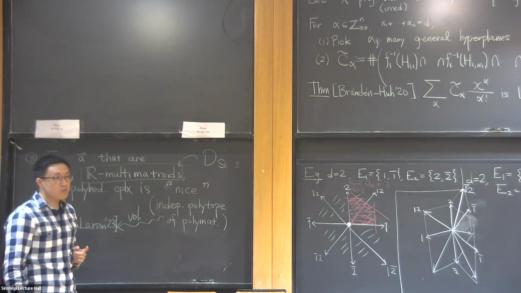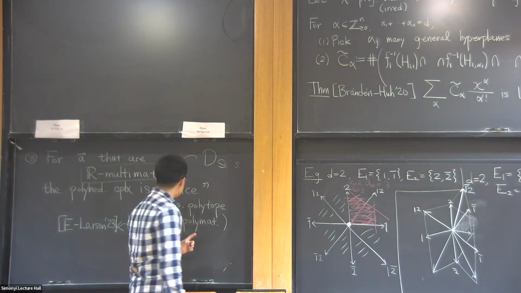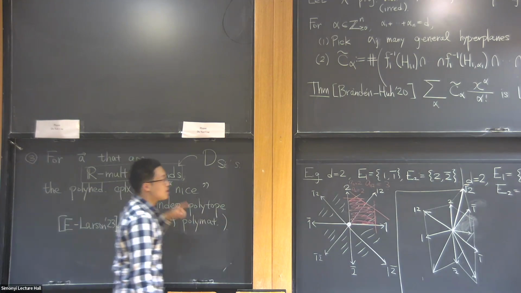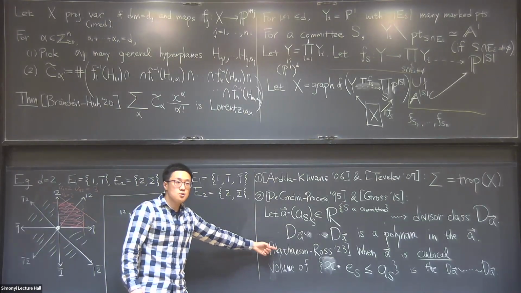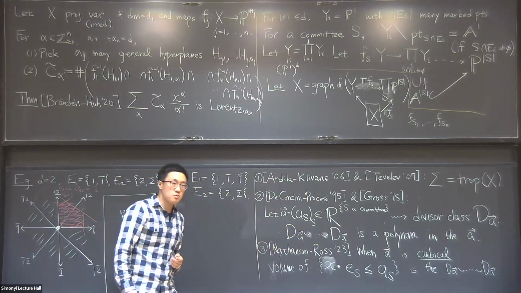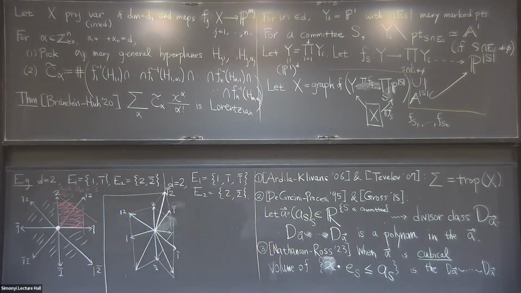But there's a problem to just finish at that point, because these R multimatroids may not be cubical, so the volume doesn't necessarily compute these intersection numbers.